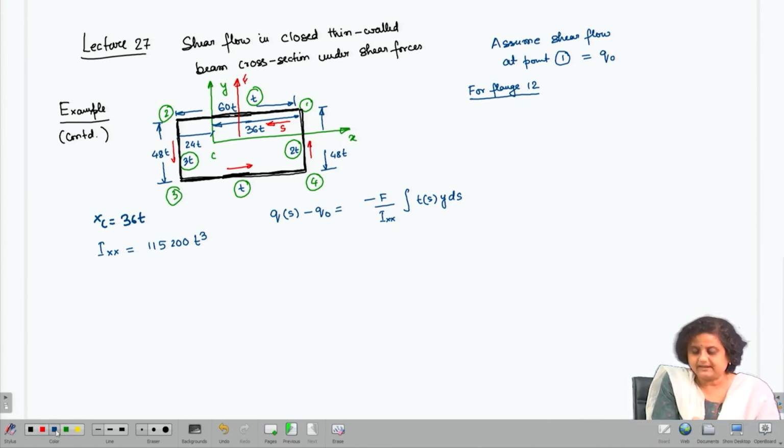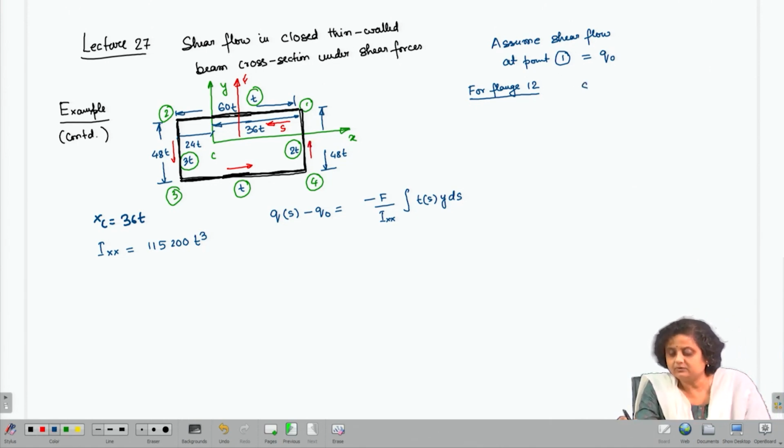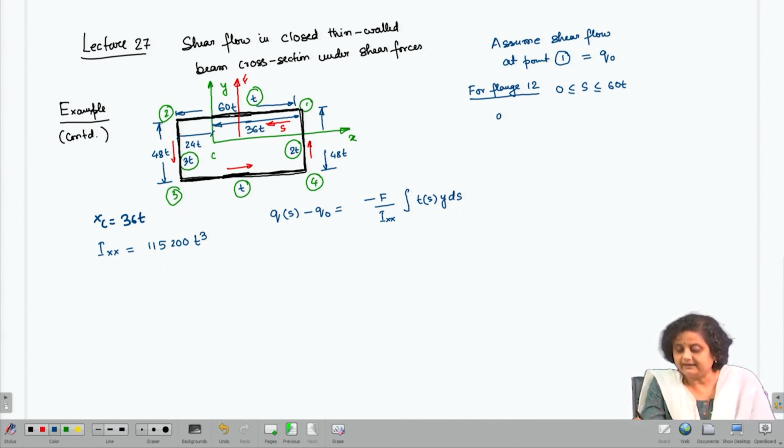So, S is going to be between 60T and 0, and we can write that Q12S minus Q0 is going to be minus F by Ixx into the integral of Ts y ds.